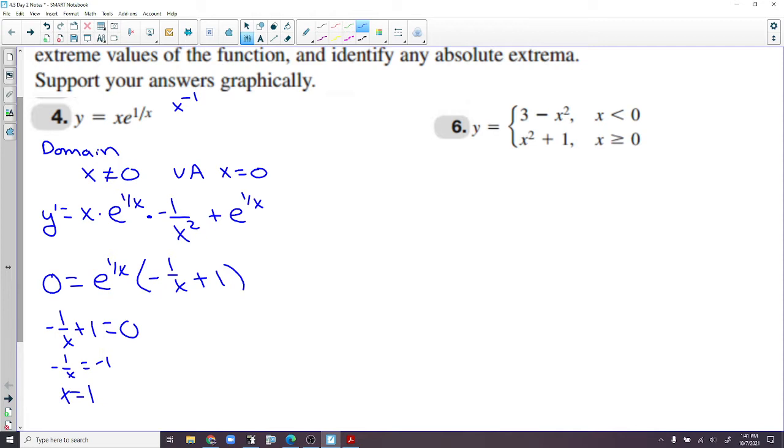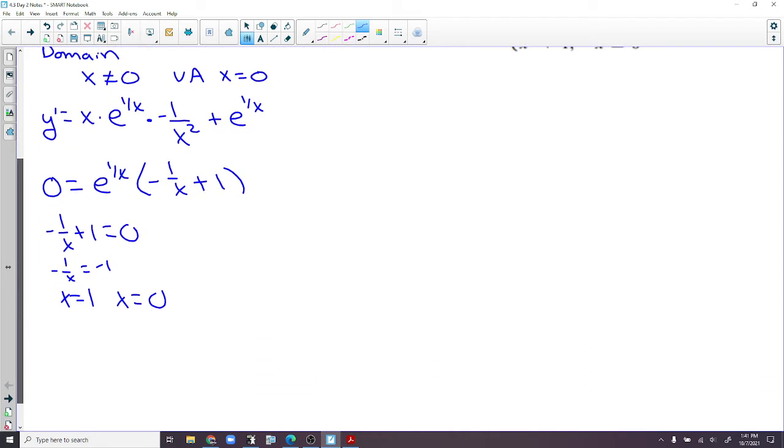Oh, and one other. I was like, where am I going to get 0? This is the derivative. So we also want to know, we also have x equals 0 also. Because that's where the derivative would be undefined. Not only here, but here also.